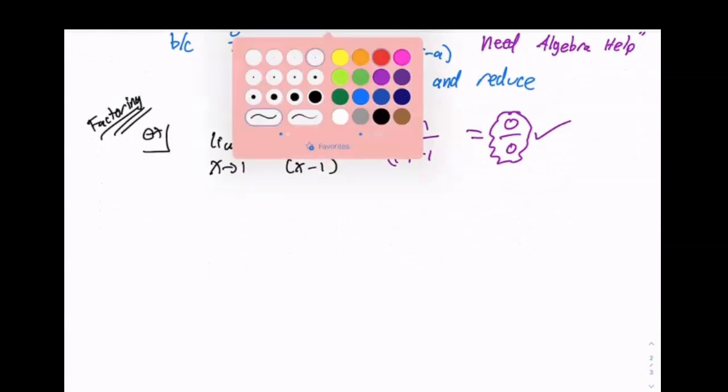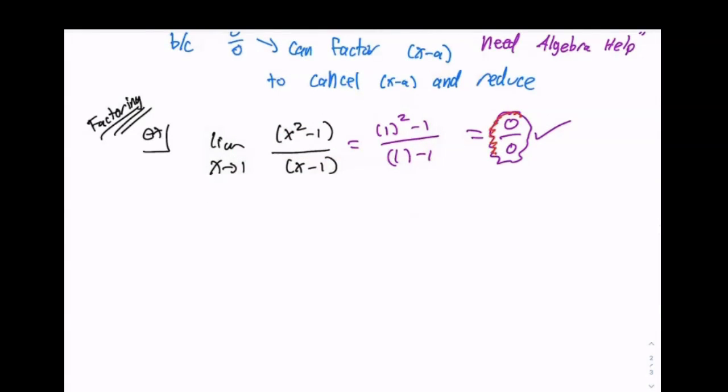What does this signal? That it may exist, but we need algebraic help.